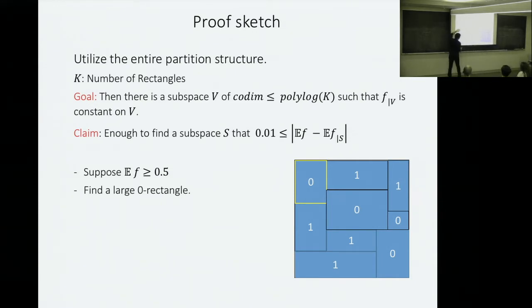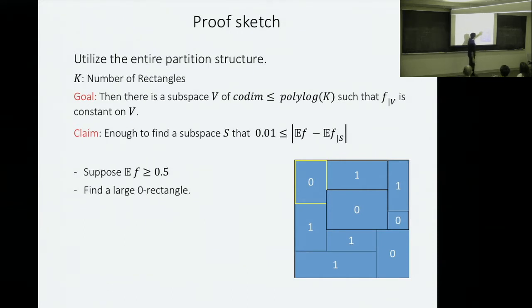Let's say you start with a function, and without loss of generality, assume that our function has average more than half. Otherwise, just flip all the bits. The first step is we want to find the density decrement, so we find the subspace.